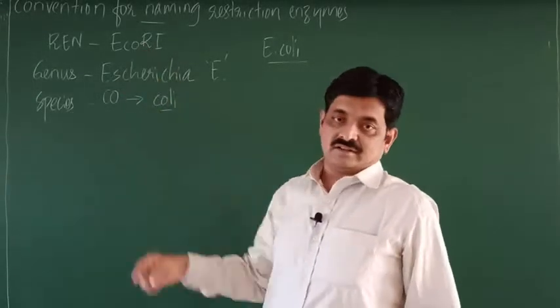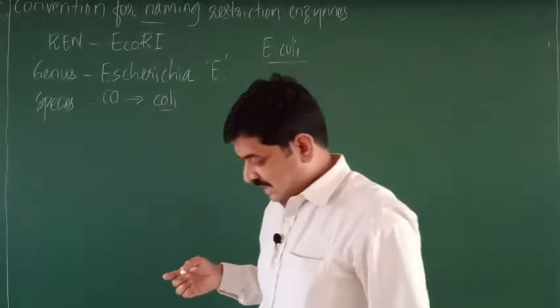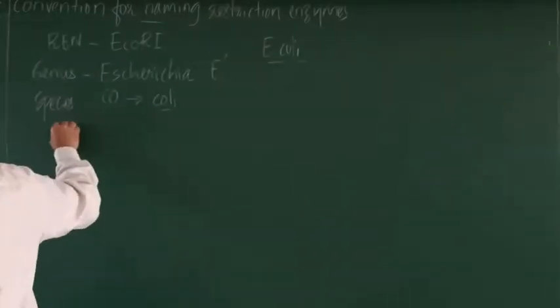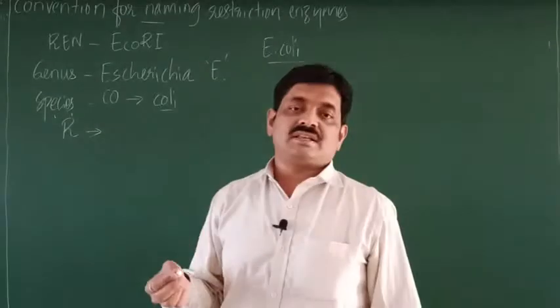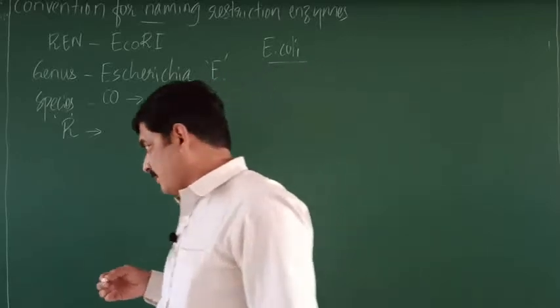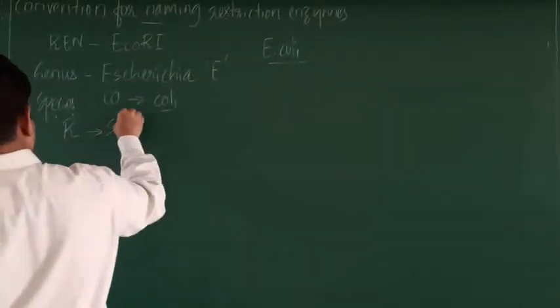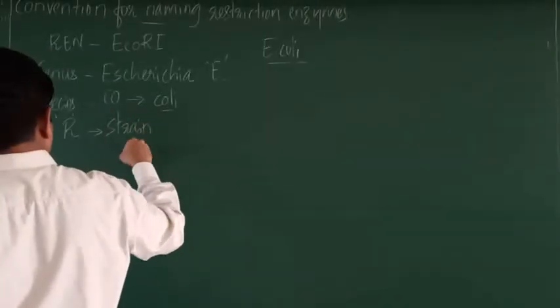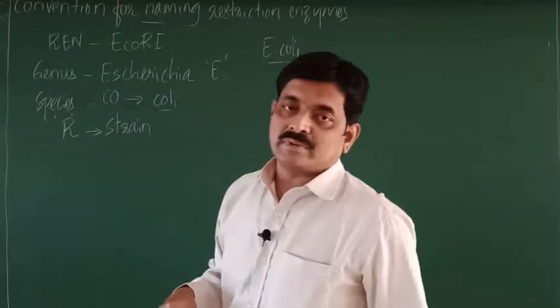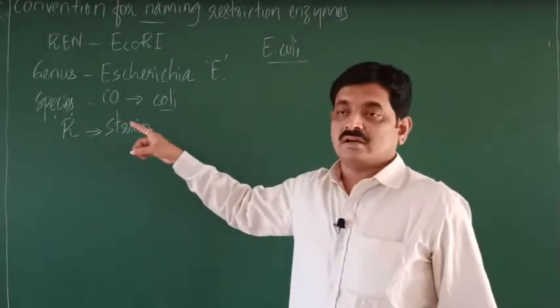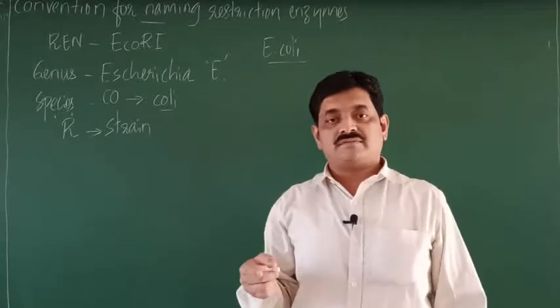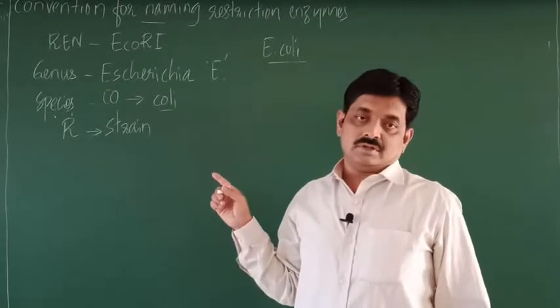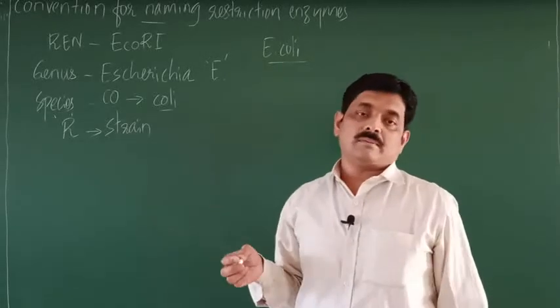Then the fourth letter, capital R. It is the strain of this bacteria, right? Capital letter R is the strain of this bacterium. Now what do you mean by strain?